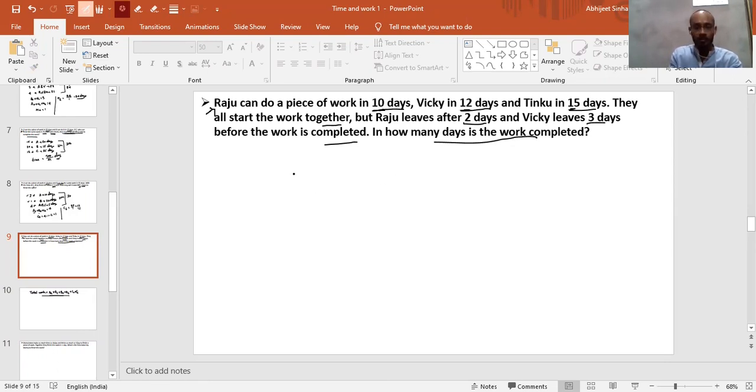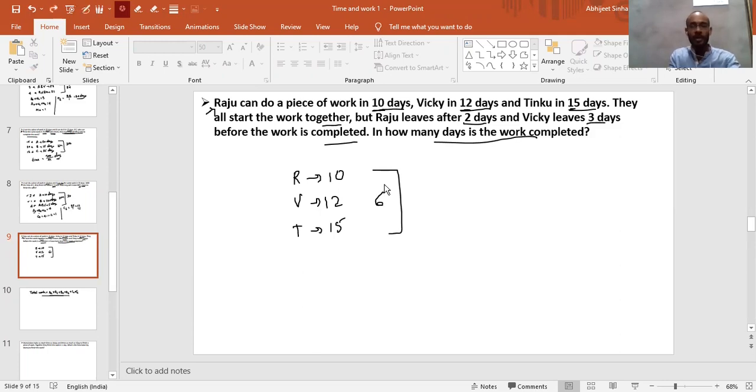So the first step is the same: take the LCM and calculate the efficiency, which for Vicky is nothing but 12. In the meantime, just tell me the efficiency of all these three, R, V, and T, in this order only, right? This is 15, and the LCM will be nothing but 60, right?